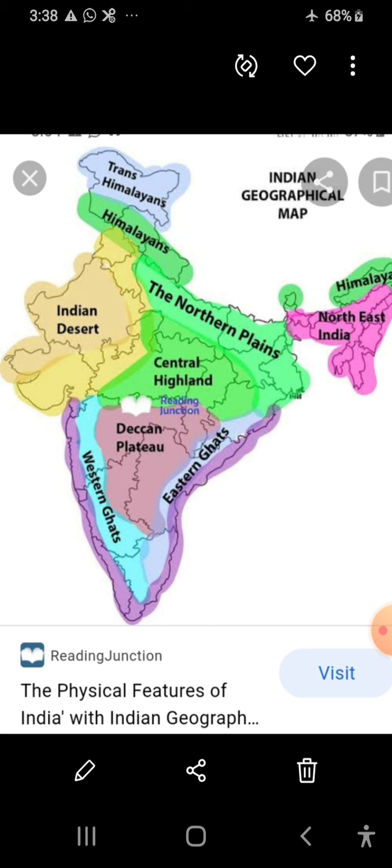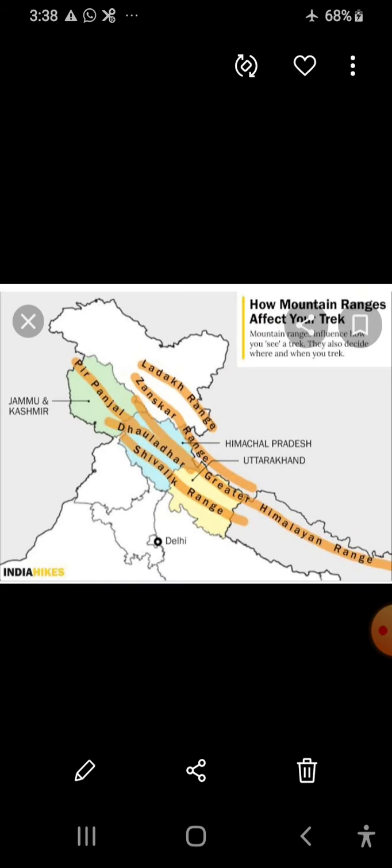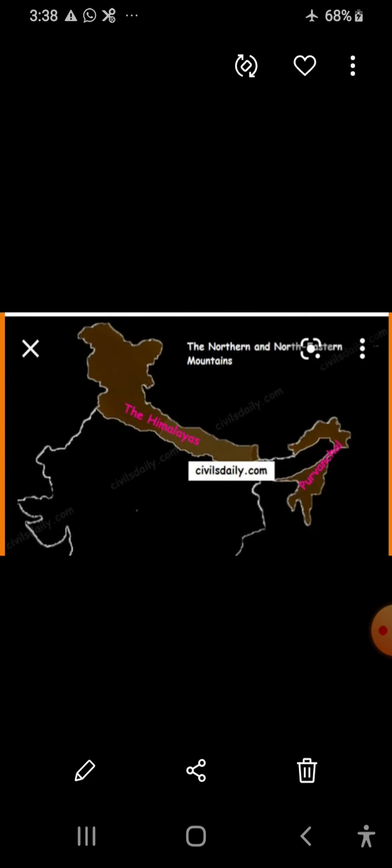Dear students, look at the different colors used on the physical map of India. Each color denotes a physical feature of the country. In the previous class, I told you about the northern mountains.